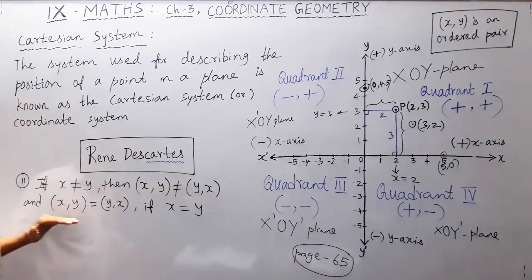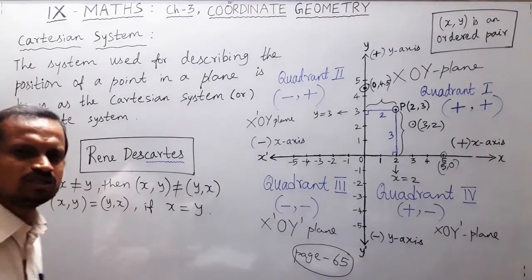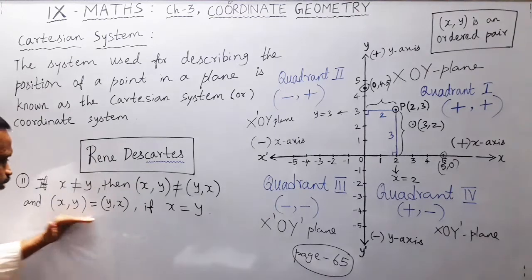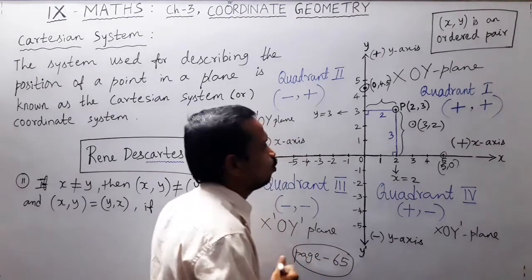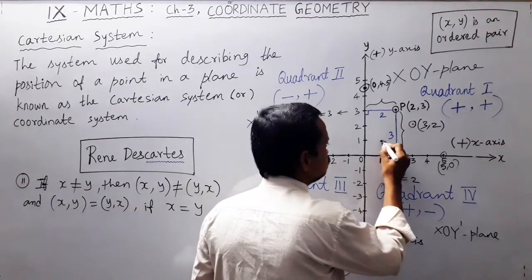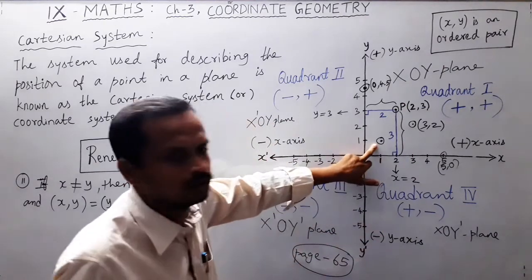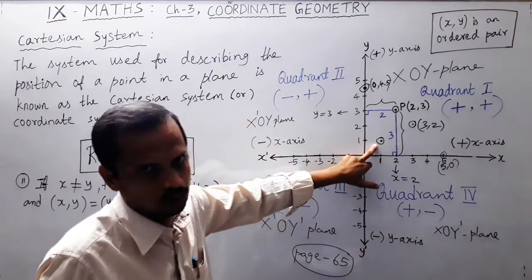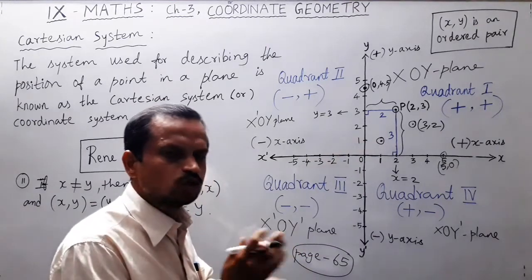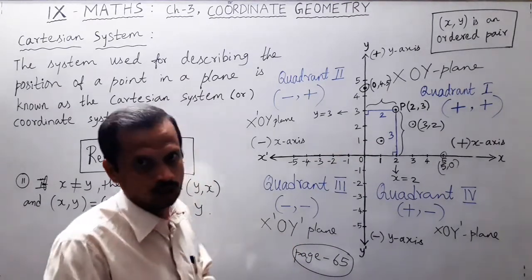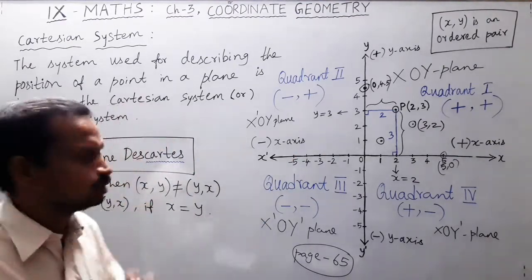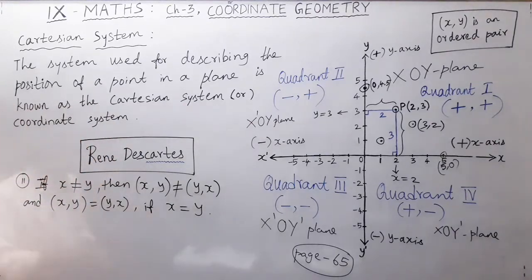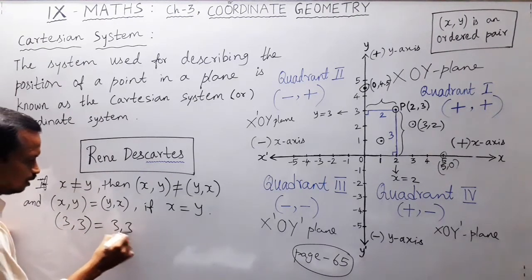But when x equal to y means what? If both the coordinates are same, then both points will be equal. For example, if we take 1 comma 1, this point denotes the location of 1 comma 1. 1 comma 1 means what? x coordinate is also 1, y coordinate is also 1. So in such condition, if x equal to y, for example, 3 comma 3 equal to 3 comma 3.